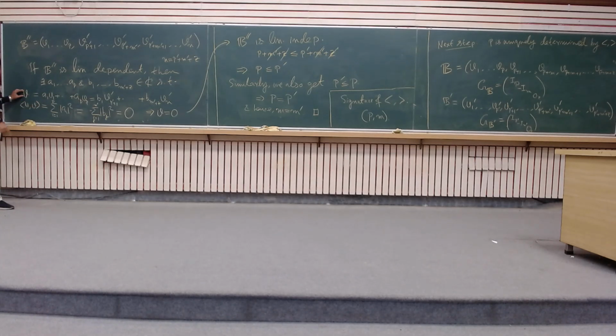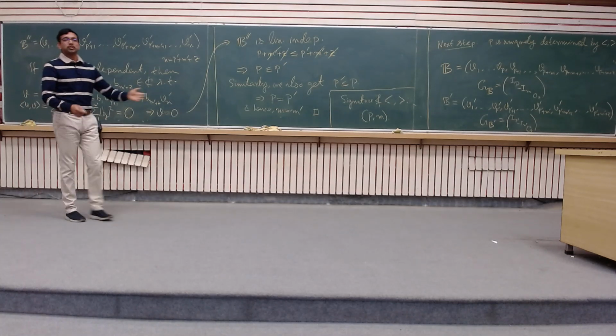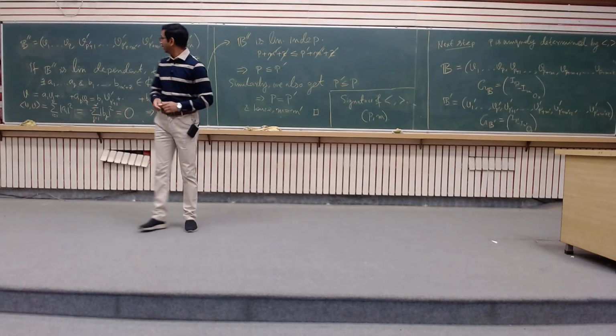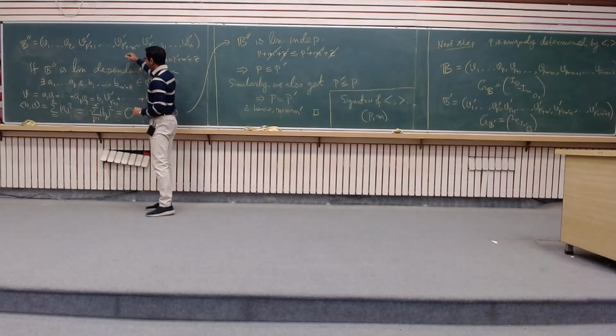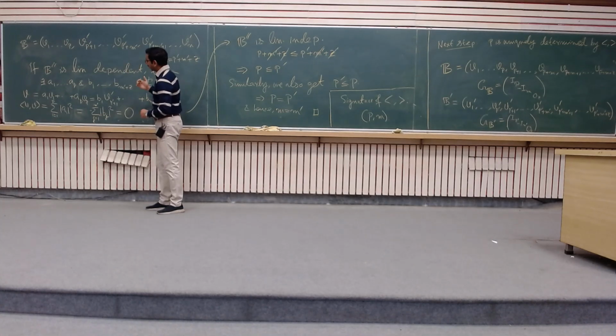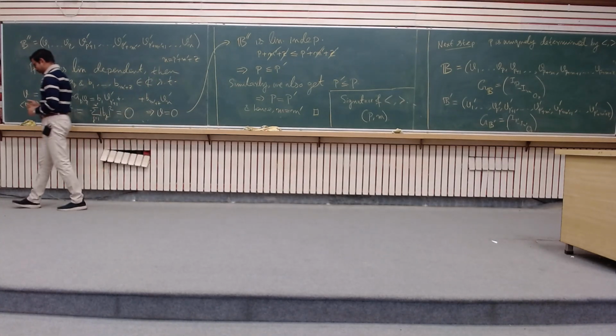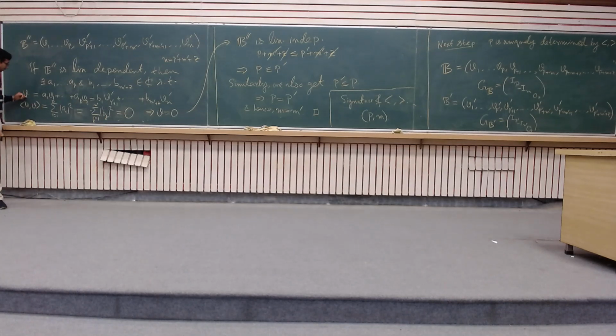Now, if v is equal to 0, you are getting a linear combination of a set of vectors to be equal to 0. Not only that v is equal to 0, we have actually shown that all the coefficients should be equal to 0. And that would mean that this is a linearly independent set.